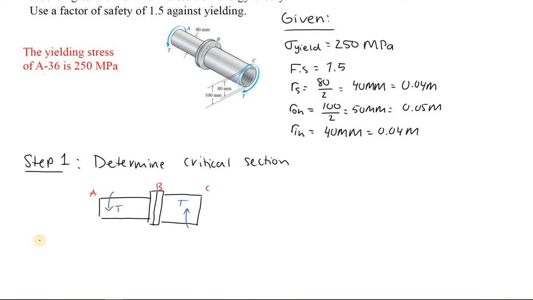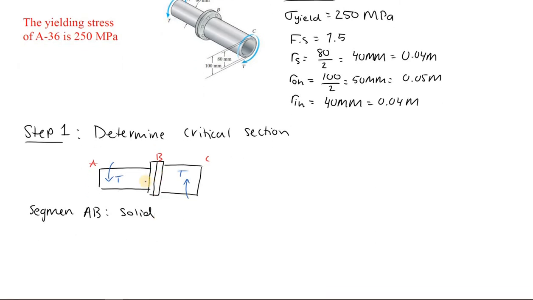And what I want to do is determine the critical section. I'm going to start with my solid, so segment AB. And because I only have a torque, I know that I'm only going to have a shear stress.